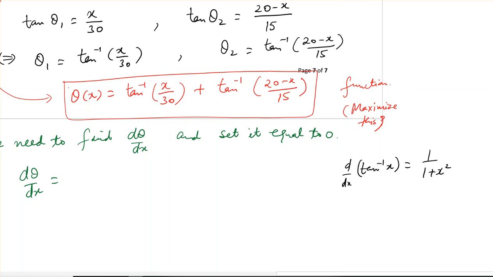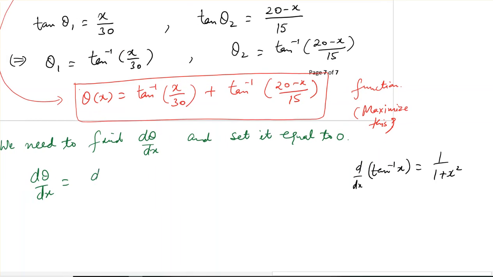So we're going to use that formula, but since here we have tangent inverse x over 30, let's just take the derivative of tangent inverse x over 30. Similarly, we're going to take the derivative of tangent inverse (20 minus x) over 15.